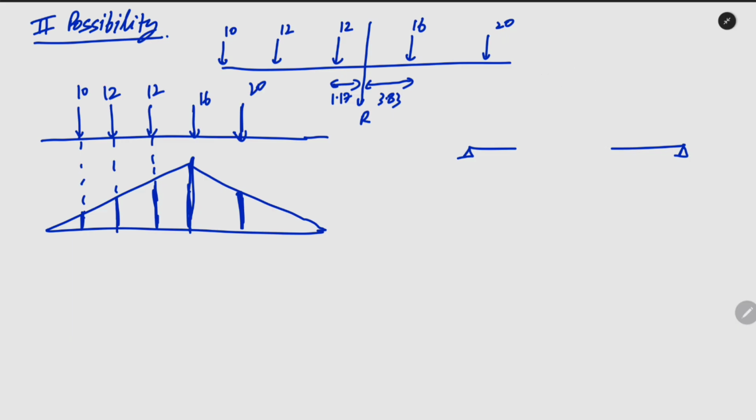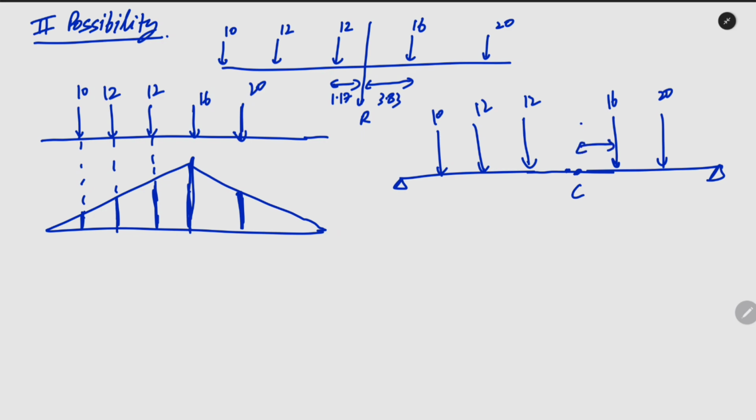So here now I can solve. This will be the center of the beam, this is the 16 kilonewton load which is at 1.915, this distance is 1.915.